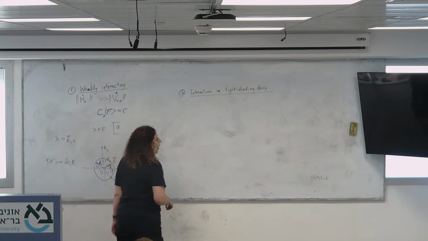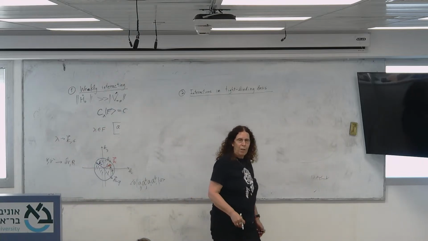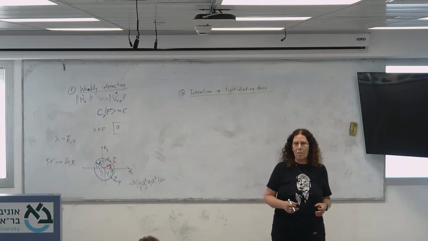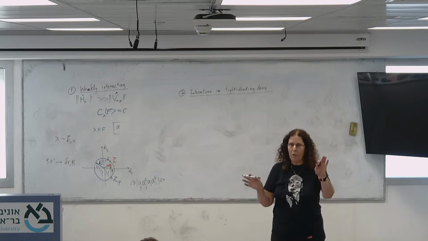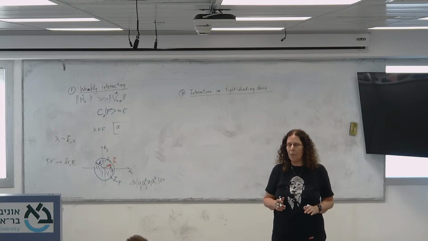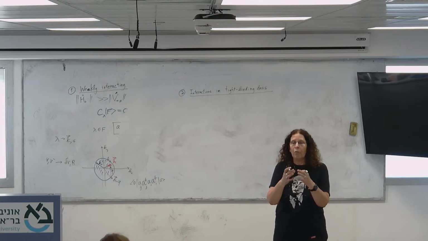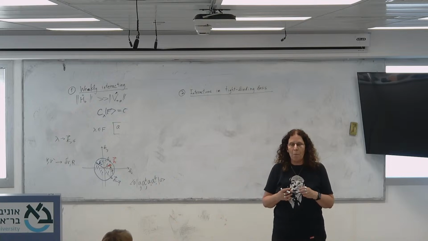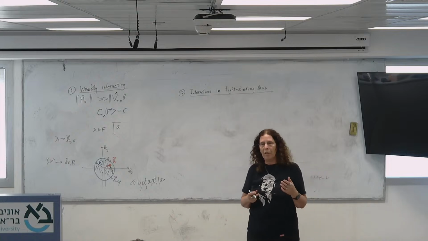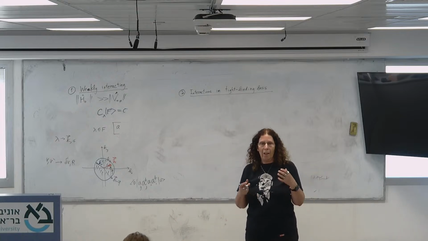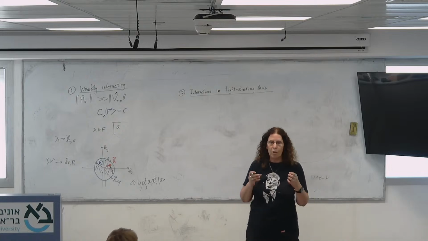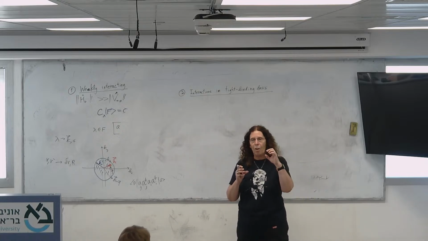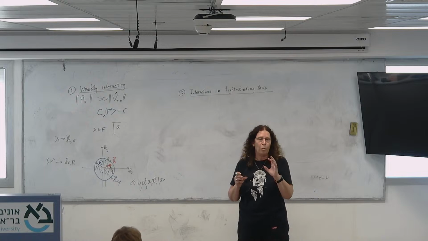So if you have a crystal where the electrons are not, now I'm forgetting about interactions, just describing the atomic states. In a solid material that is not a conductor, a better description of the basis of wave functions for the electrons is that they are almost tied to the atoms.